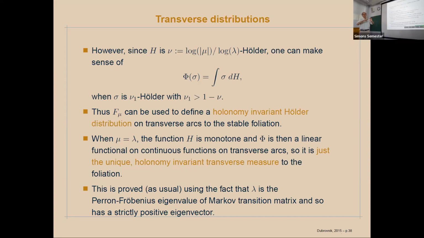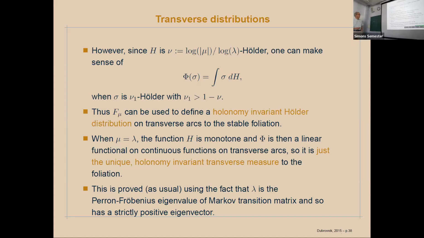Sitting between them, you have Holder functions, and you have a dual object on the space of Holder functions that's holonomy invariant. So it's some kind of distribution. It's not as regular as a measure, but it's not as bad as a general Schwartz distribution. Okay, so that's what these build for you, holonomy invariant Holder distributions.